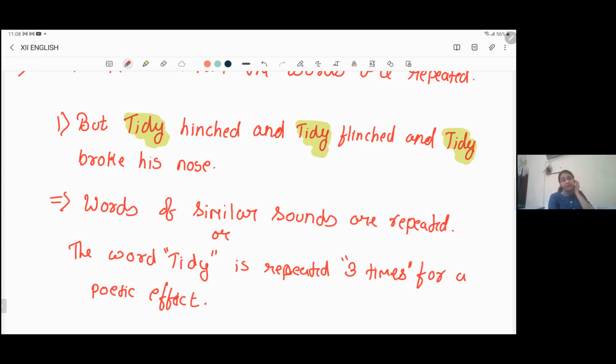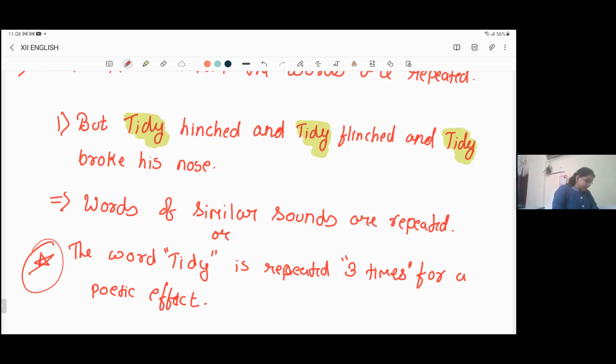If this sentence is in your poem, then you can write this sentence: the word Tidy is repeated 3 times for a poetic effect. Right?